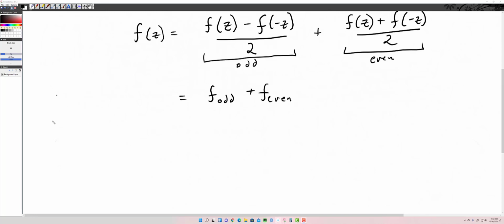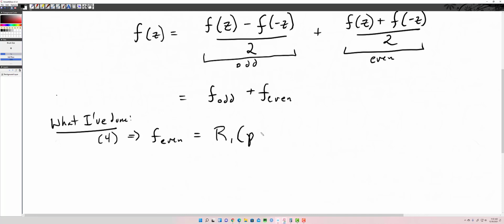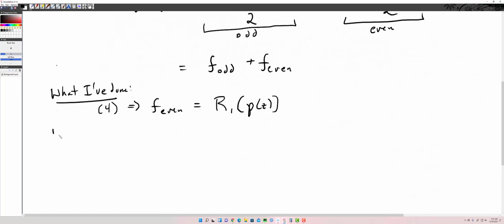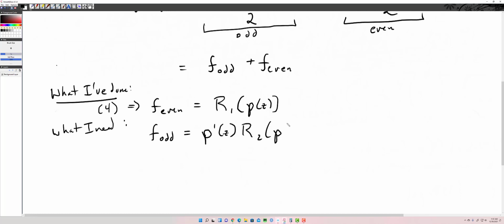Now, what I've already done from number 4 is said that this f even part can be written as a rational function of P of z. Okay? What I need is to show that the odd part can be written as f prime of z times some rational function times P of z.